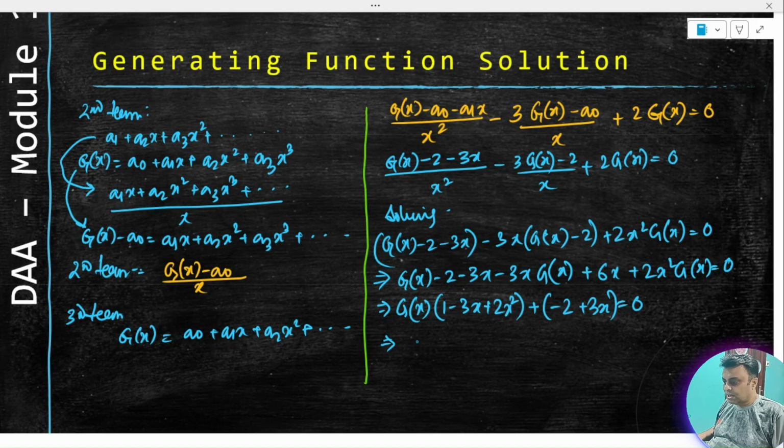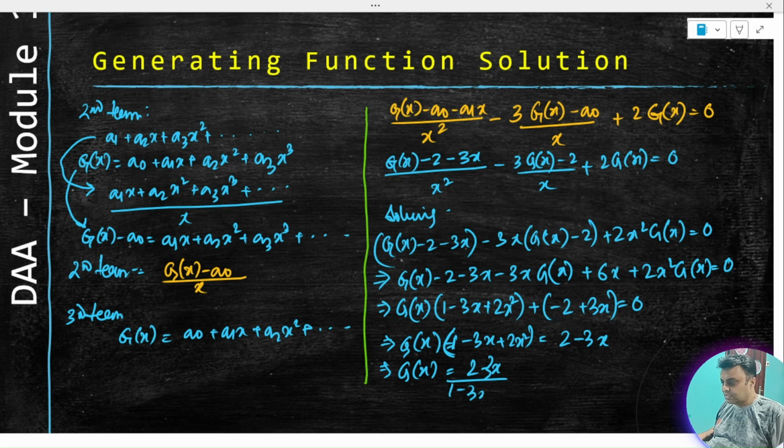Therefore gx multiplied by (1 minus 3x plus 2x square) is equal to, if I take it to the other side, the sign changes, 2 minus 3x. Now I can write gx as (2 minus 3x) divided by (1 minus 3x plus 2x square). So finally we have a problem like a mixed fraction.